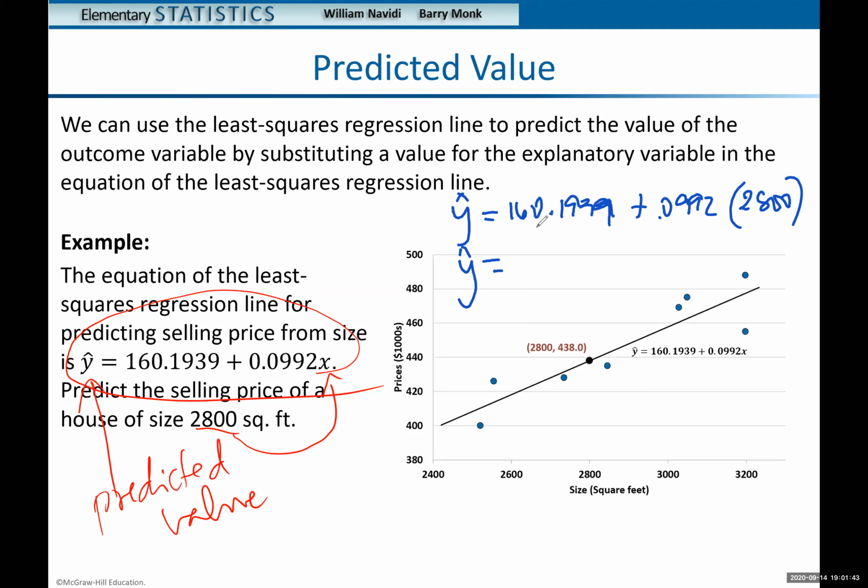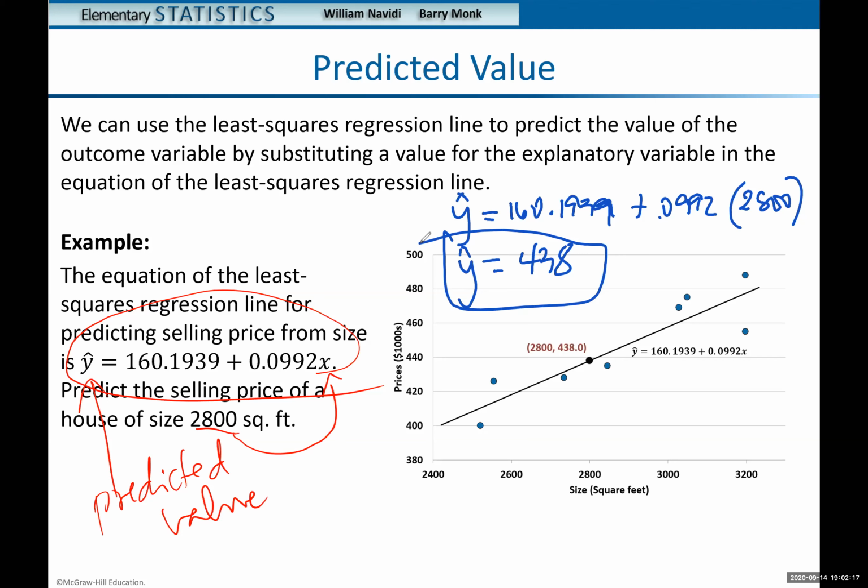So 160.1939 plus 0.0992 times 2,800 is 437.954. Let's round to a whole number, so it's going to be 438.